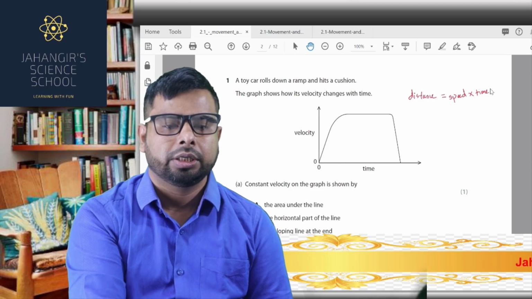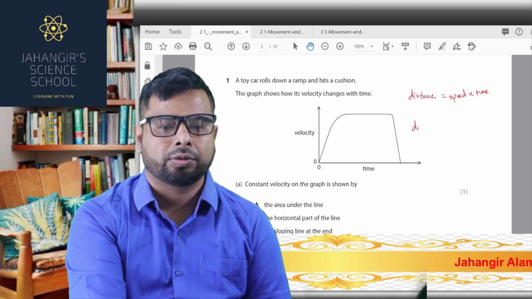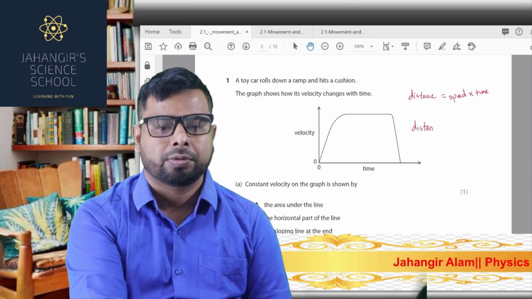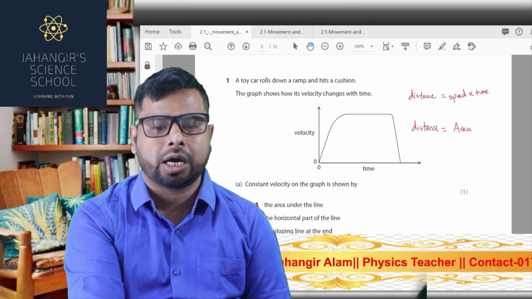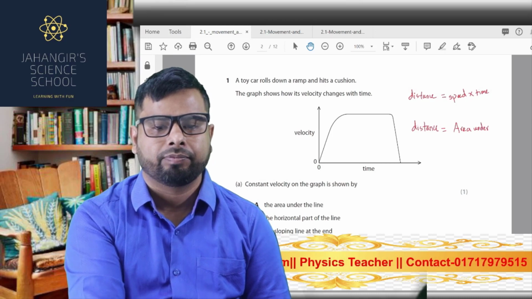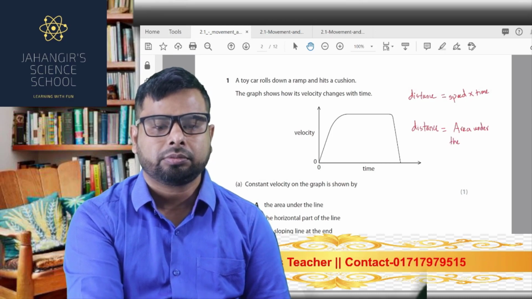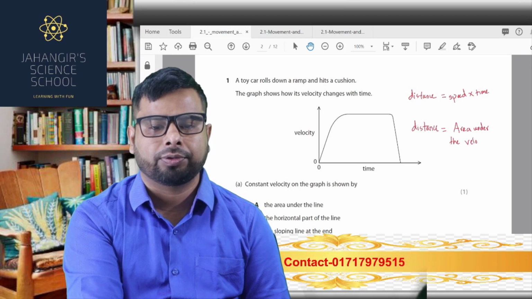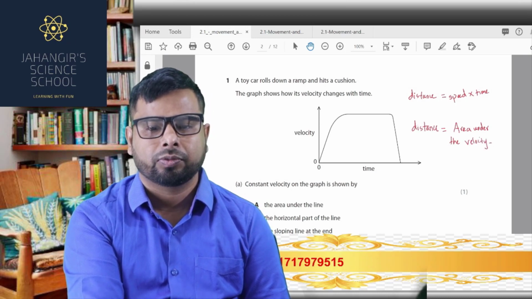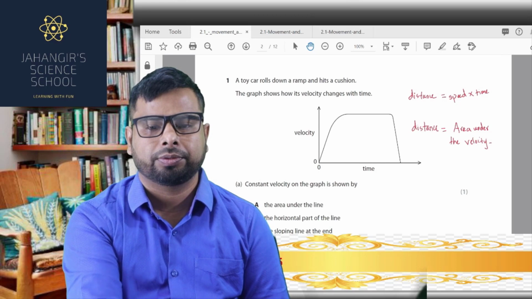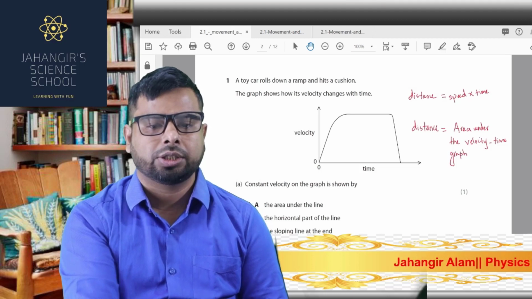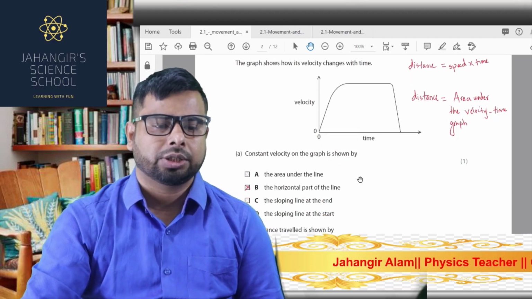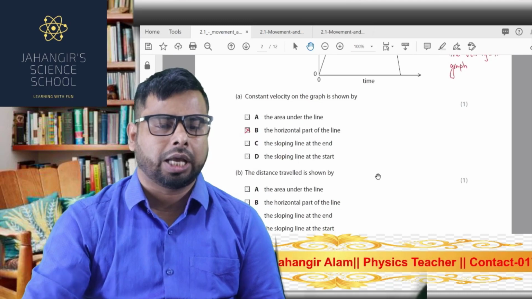That's why distance equals the area under the velocity time graph. So here the answer will be the area under the line.